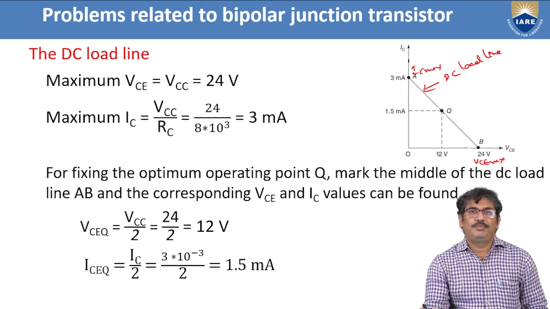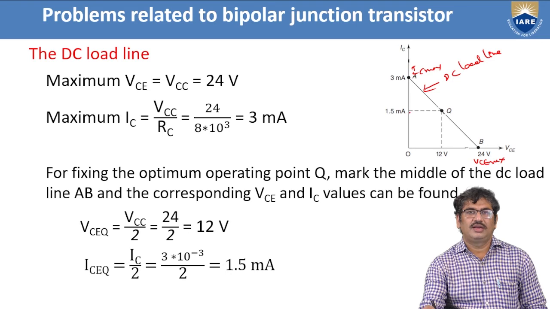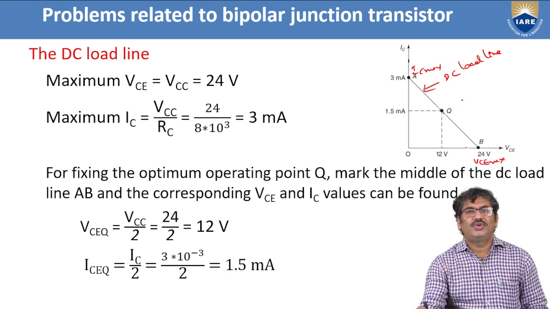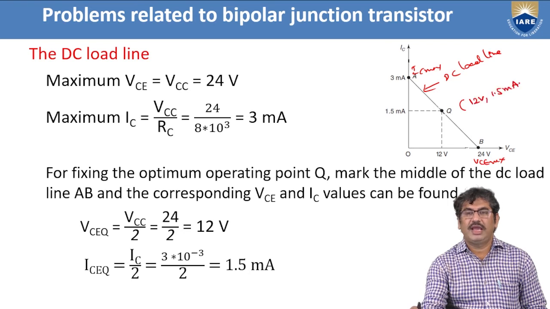The optimum operating point will be located at the middle of the DC load line, which we will call as operating point or Q point, which is VCC by 2 and IC by 2. Now the coordinates for Q point are given as 12 volts, 1.5 milliamperes.